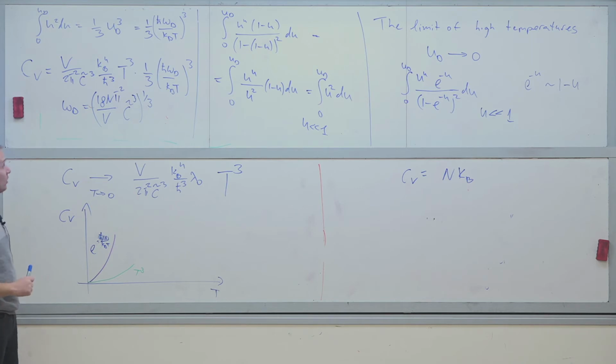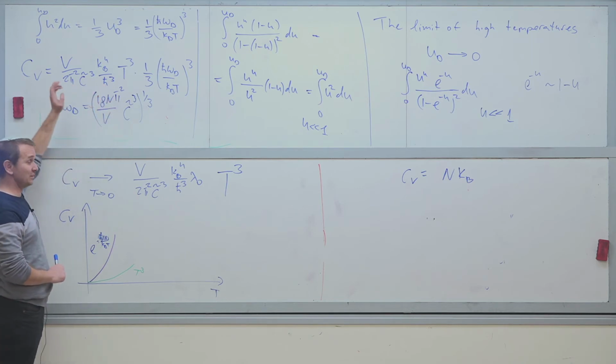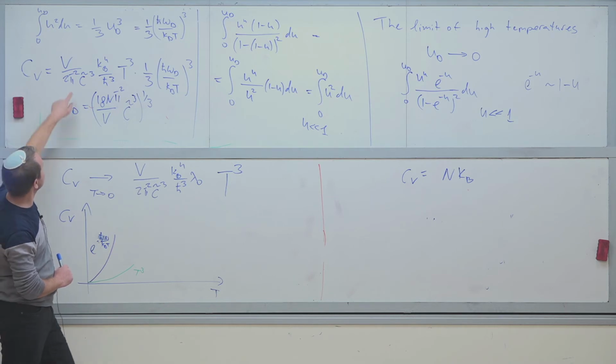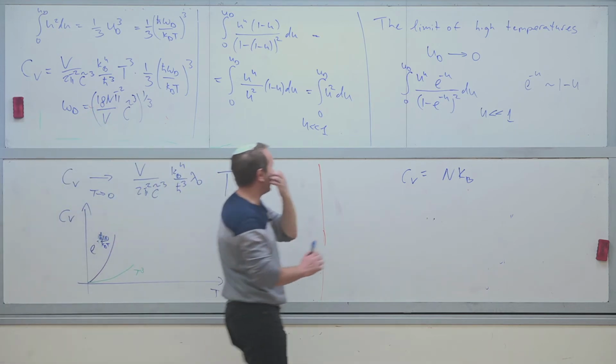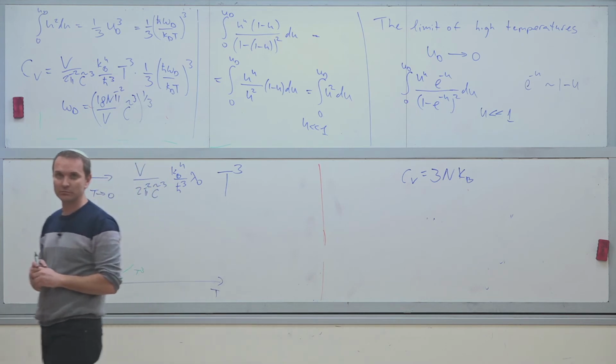C tilde, this is why I put it up there. It died. This is why I wanted it up there and not down. Pi squared also died. So we are left, and here we have 6, and here we have 18. So we have 3n K Boltzmann. That's it. Nothing more.